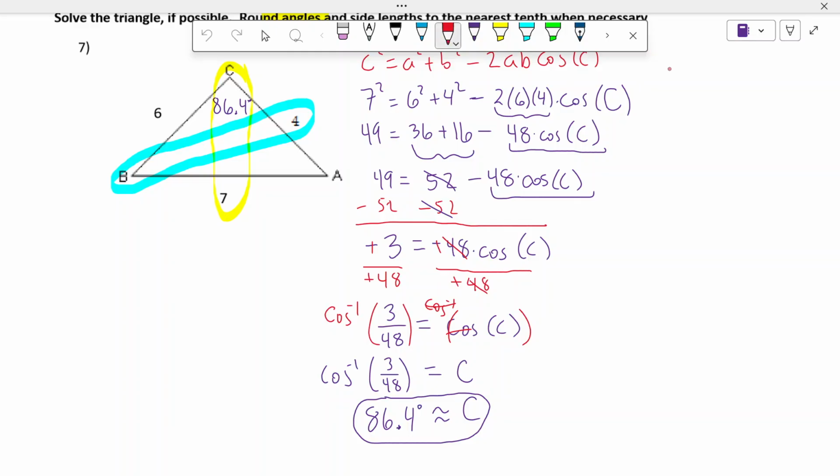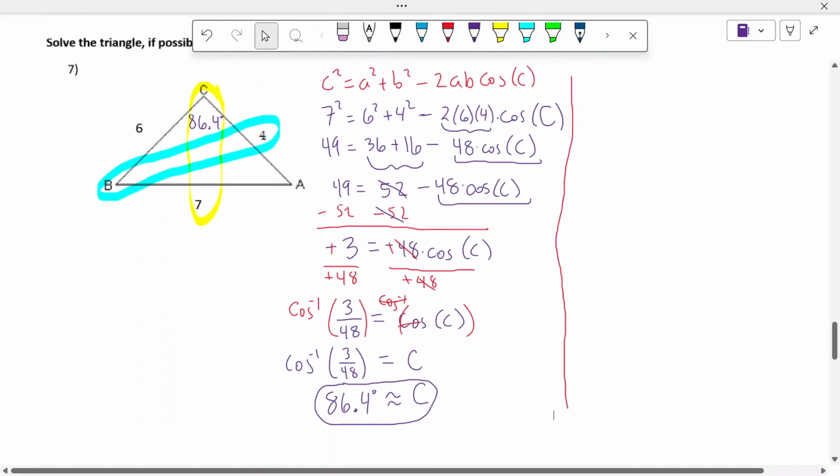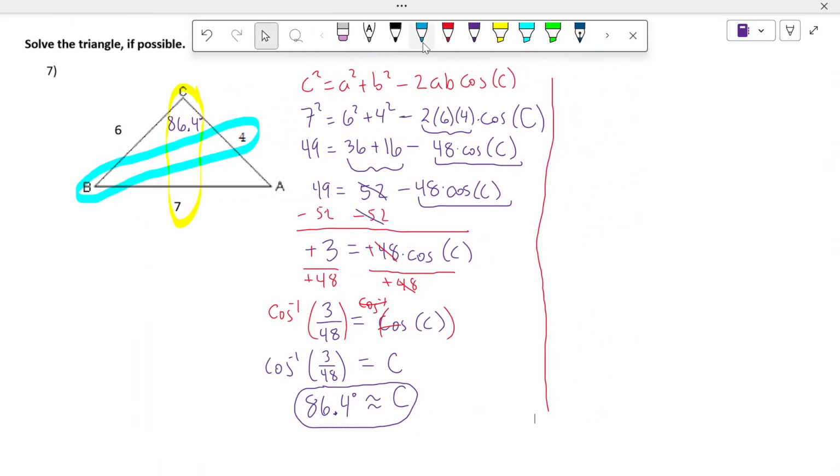If you remember the law of sines, here I'll draw a little separation for that and give a little more space. Law of sines is going to look like this. Since we're going to use the pair for C to solve for B, I'll write it like this. It's the sine of C over C, that's angle C over side C, equals the sine of angle B over side B. And the reason we could do that is we know a complete pair.